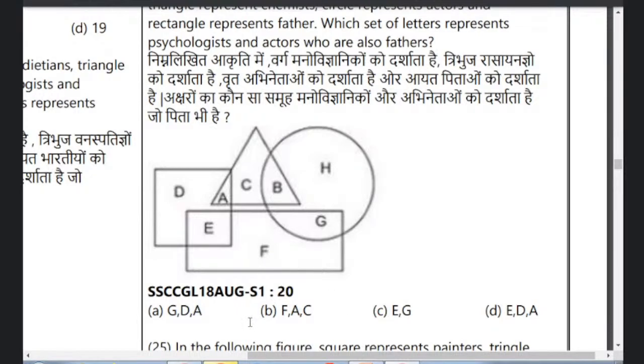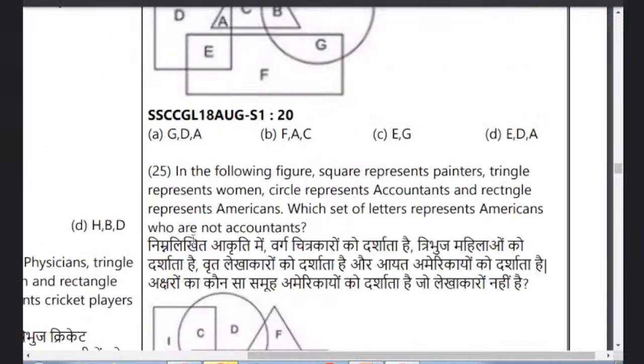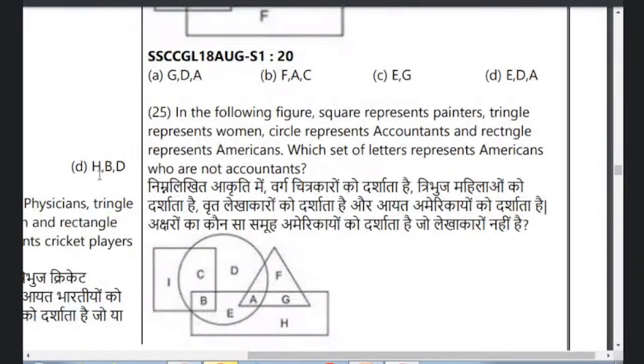This is the last question, question number 25. We have to find the letters represented by the Americans who are not accountants. Who represents the American? Rectangle. So B, E, A, G, and H are all Americans, but not all accountants. Who are the accountants?